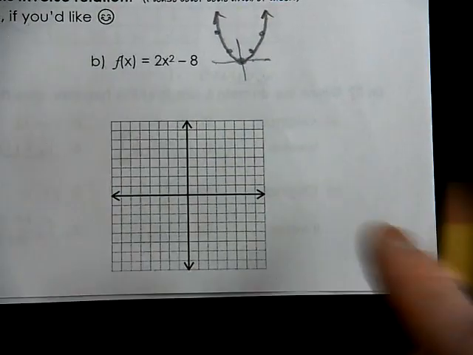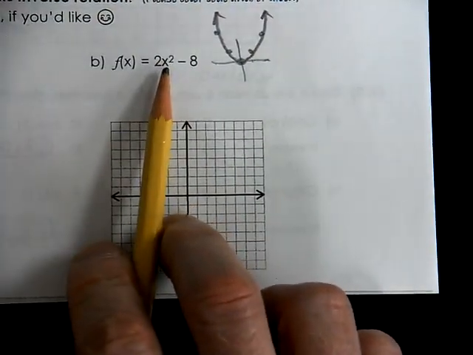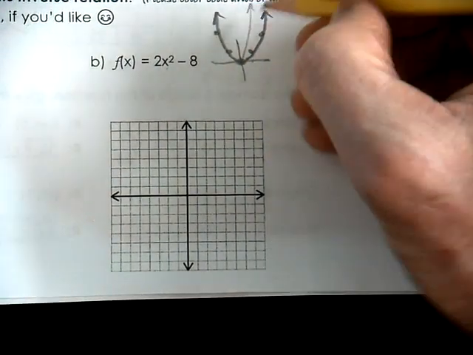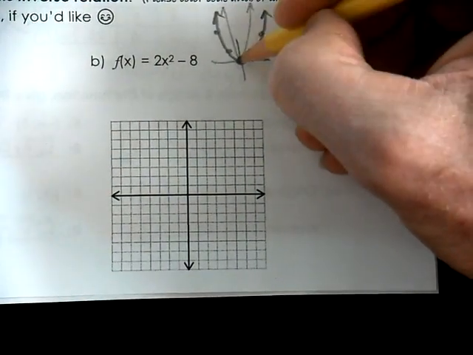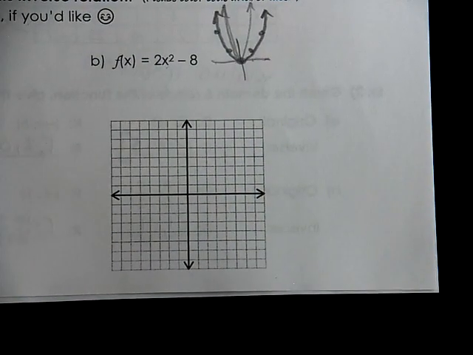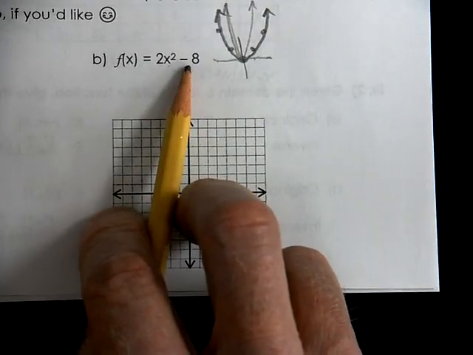That's what a parabola looks like. Well, we're going to stretch it vertically. We're going to make it go up twice as much, 2 times as much. Much more narrower. And we're going to drop it down 8.